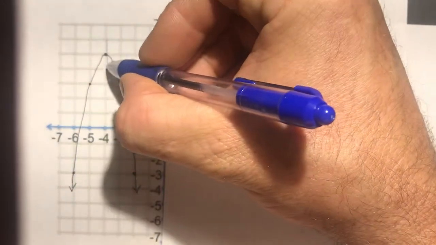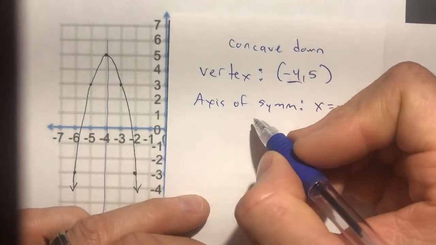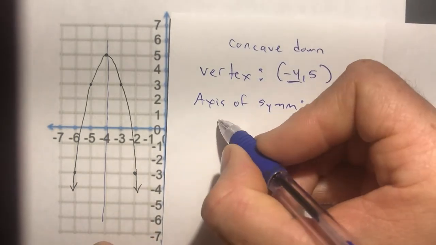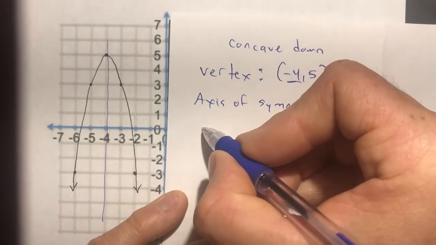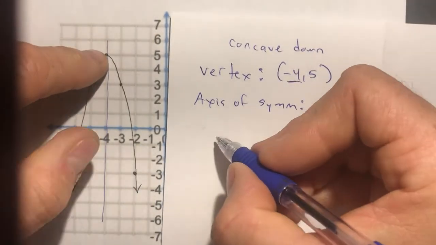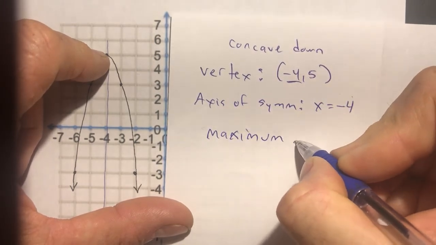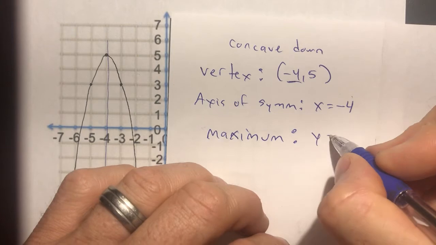See, at -4 here, there's a line at -4. It cuts this into two equal parts. And then my vertex tells me my max or min. In this one, it's concave down, so my vertex is a max. So the maximum value is y equals 5.